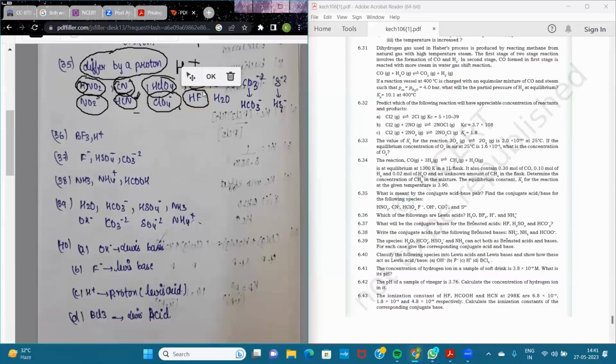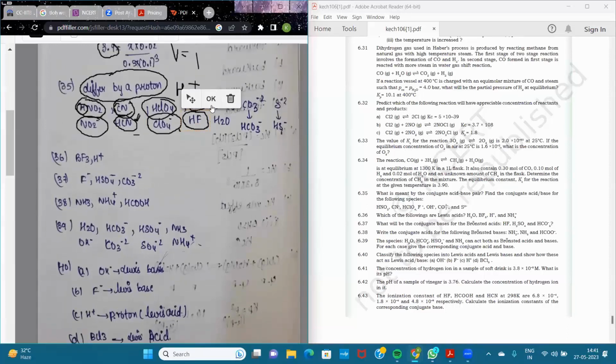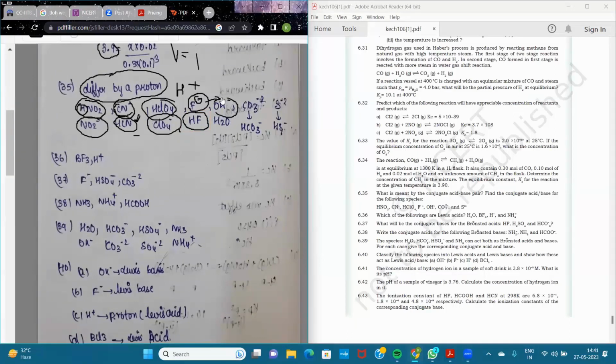This is the conjugate acid of the given base. And OH minus, if we add H plus to this molecular formula, we'll get H2O as its conjugate acid. Here, CO3 2 minus, if we add an H plus, we'll get the conjugate acid HCO3 minus.